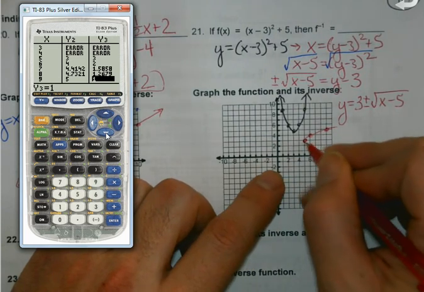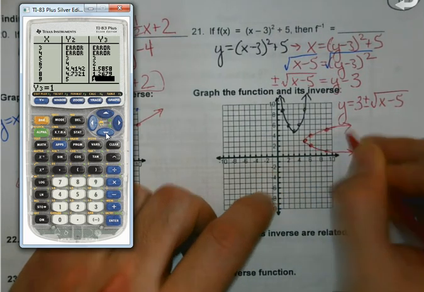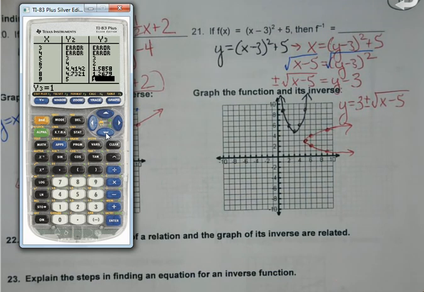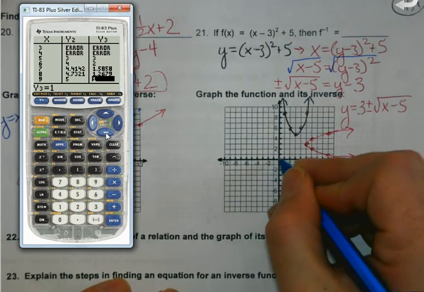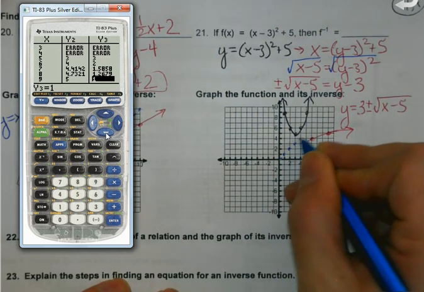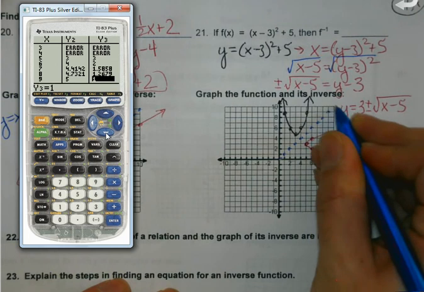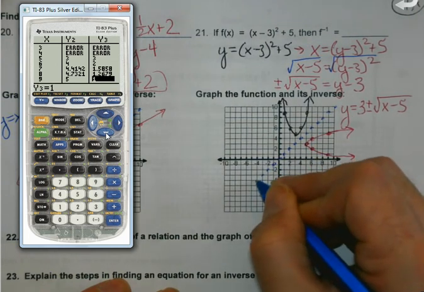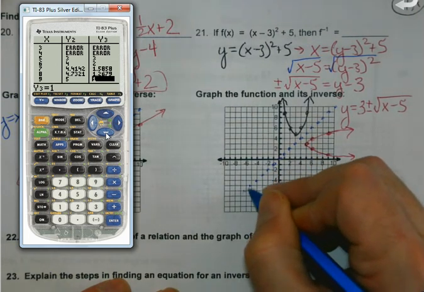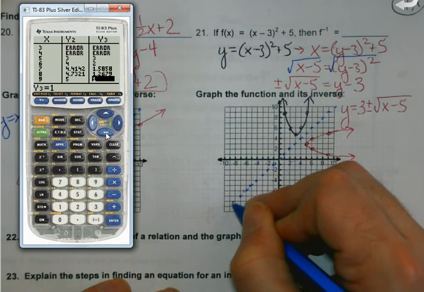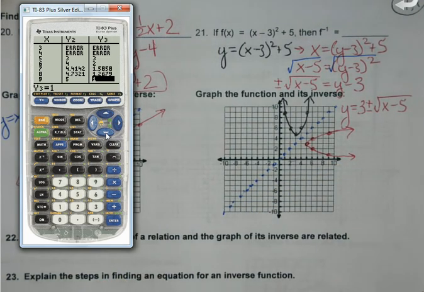And when you connect the dots, there's your parabola. And if I were to make my dotted y equals x line, oops, I got a little off there, I can see that if I were to flip over, they would end up basically on top of each other.